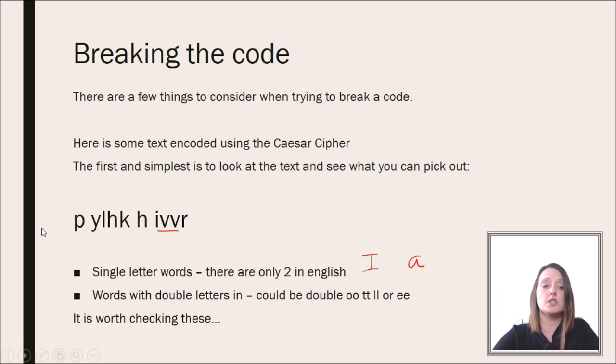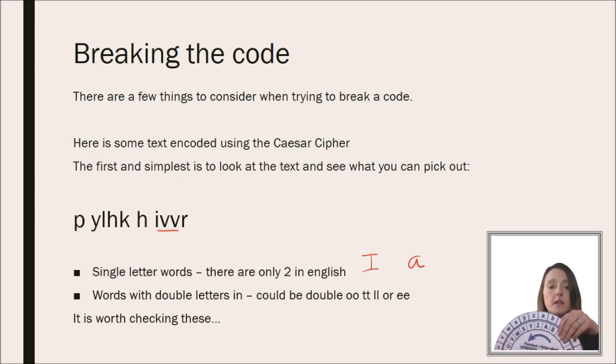So what we could do is check which one of these letters here, so either P or H, is an I, to make sure that the double letter word works out as being a legitimate double letter word. So let's give that a go.